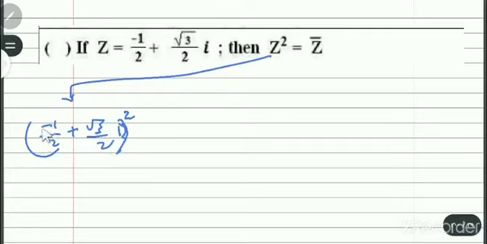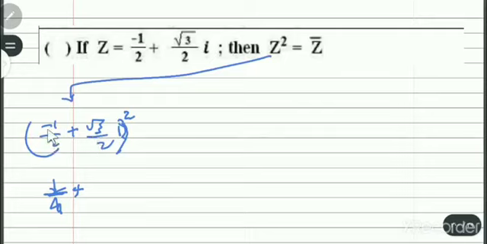So the square of negative will be positive, the square of 1 is still 1, over the square of 2, which must be 4. And the rule says plus the first term multiplied by the second term multiplied by 2.